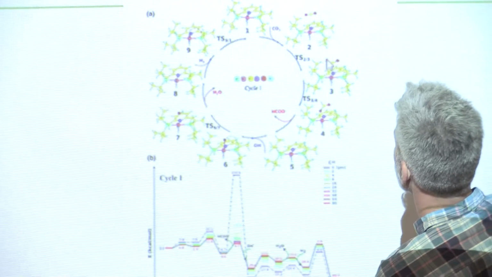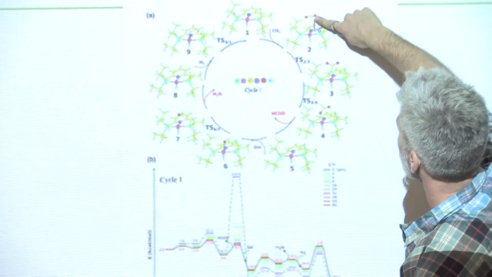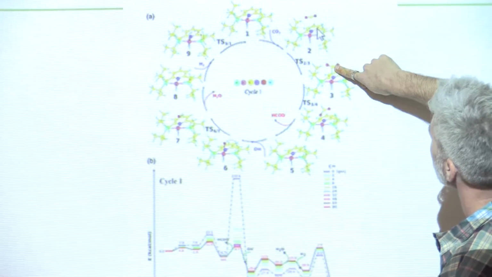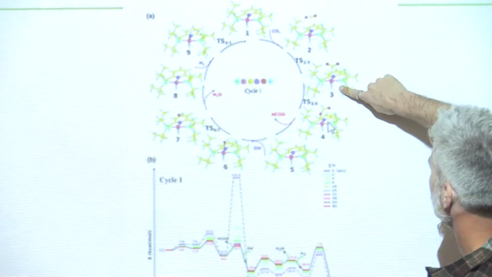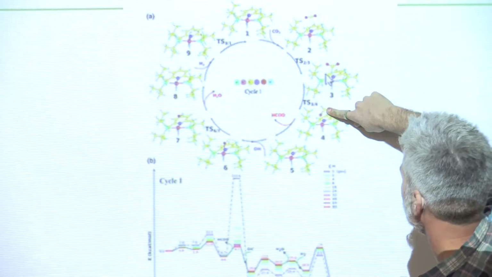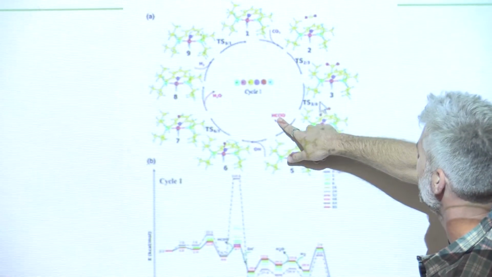It looks like one of the hydrides from the iridium is popping on here, because it has a green ball on it now, and it went to a trigonal planar structure. Then when it comes down here, it breaks that bond, and it kicks that out as HCOO minus.